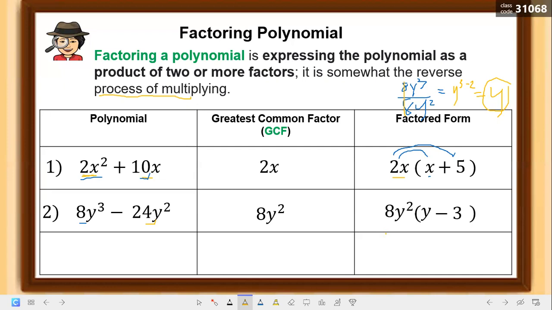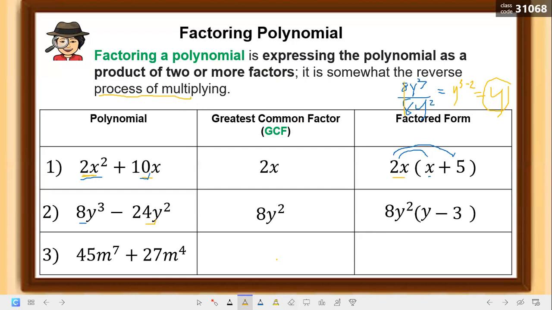Let's have another number 3. How about this 45m raised to 7 plus 27m raised to 4? What is the greatest common factor first? Yes, Johan. 9. Okay. Very good. 9 times m raised to 4 po.